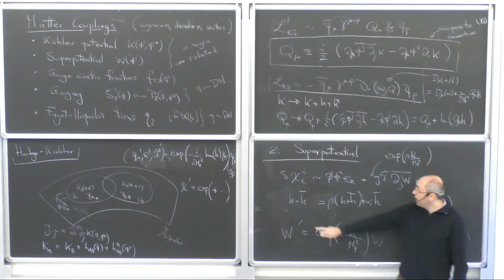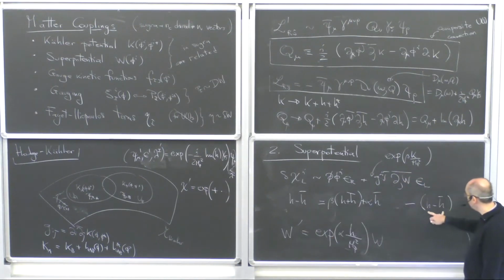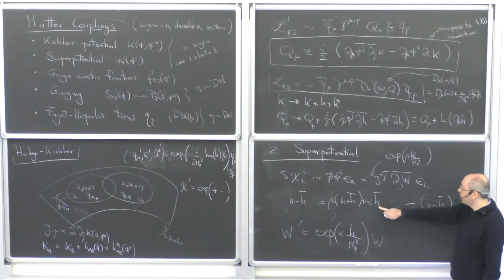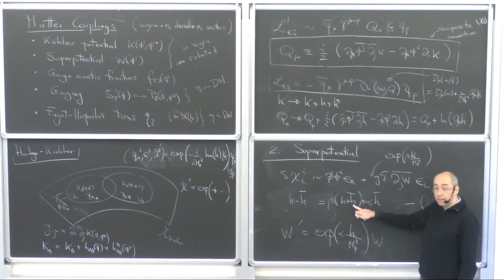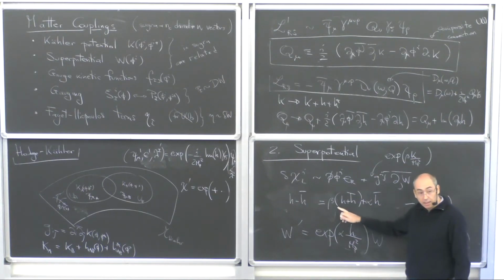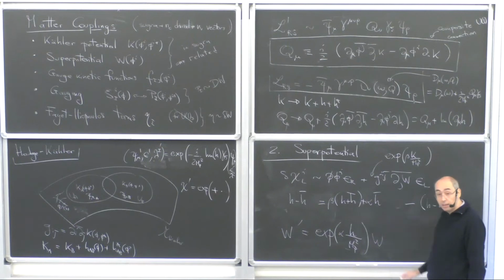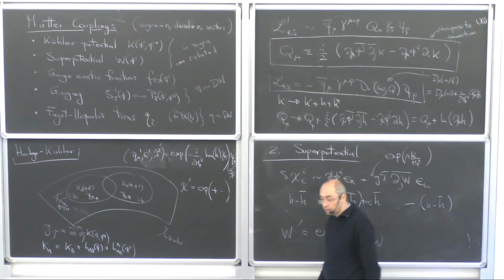Because if on the left I have h minus h bar, and on the right I need h minus h bar, but I have the wrong coefficient because I have the minus sign in front, W transforms with an h bar, K transforms with h plus h bar, and then you see that if I choose appropriately alpha, I can flip the sign and obtain again h minus h bar. Okay, and I can make things work.